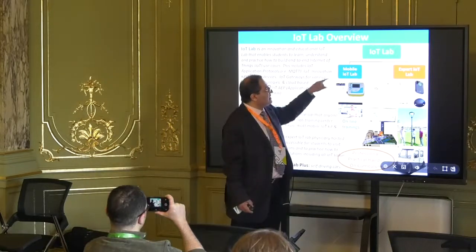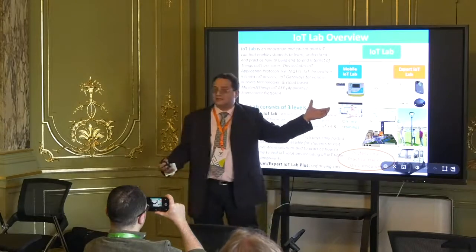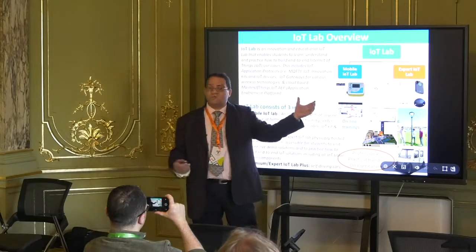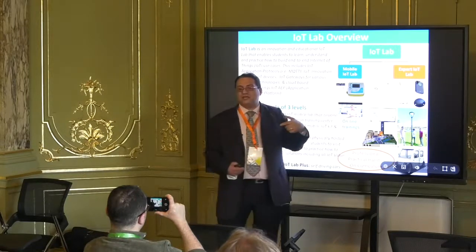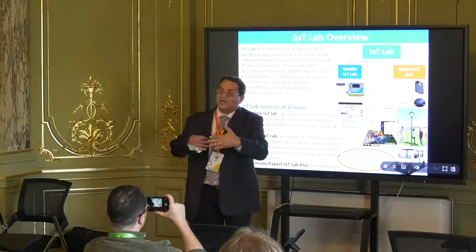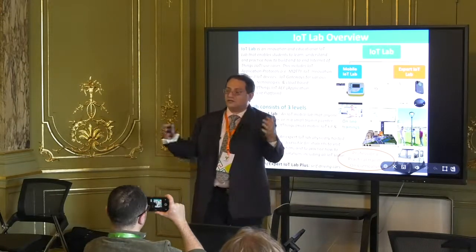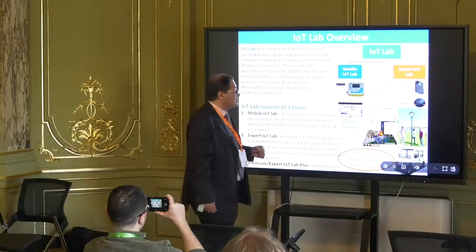And this, we call it Mobile IoT Lab because it's very handy. You can have it. This becomes your own lab. You can buy your own IoT kit, and with your own mobile phone, you take it at home, and you use it at home. You use it in events like this one, or seminars for education purpose, even in school.